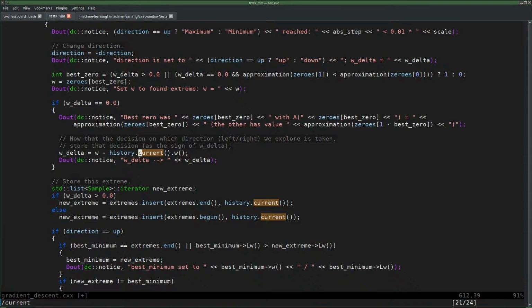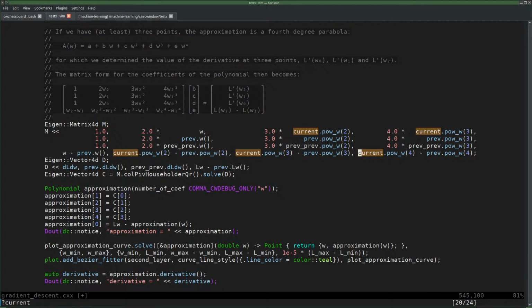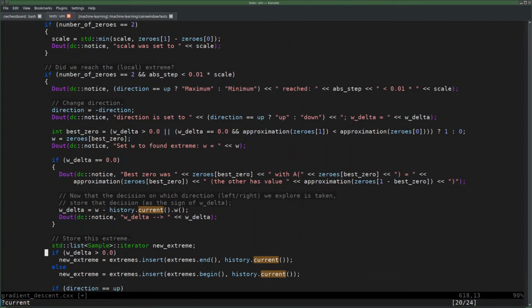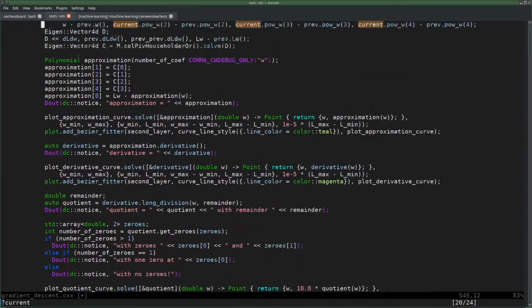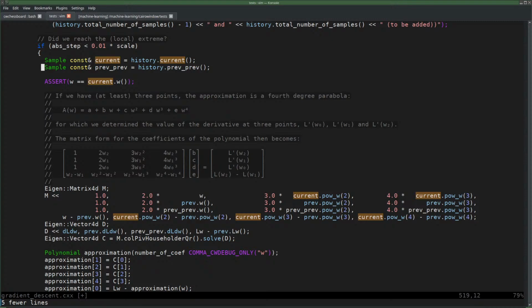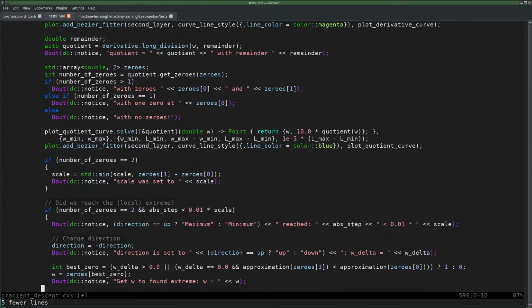Current is used here. Okay, current is used here, but that is after this point. So you could add it to the history here instead of here, and that would solve problems. But then these two are not correct. But I have to do that anyway. So let's move this one down to that point.